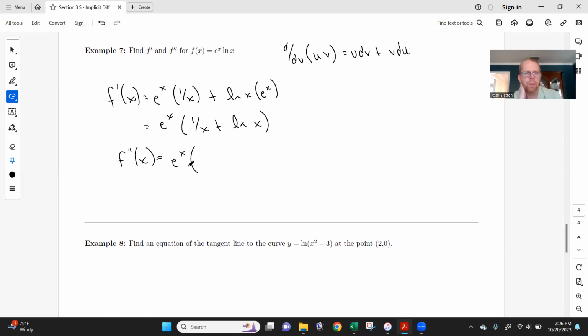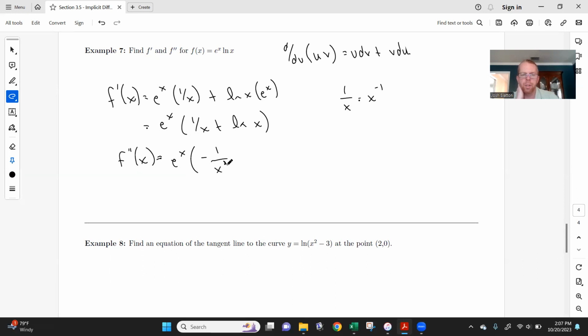So 1 over x, and until you get used to this, 1 over x is x to the negative 1, and then use the power rule. So we're going to bring that down, x raised to the negative 2. And so the derivative of that would be negative 1 over x squared.